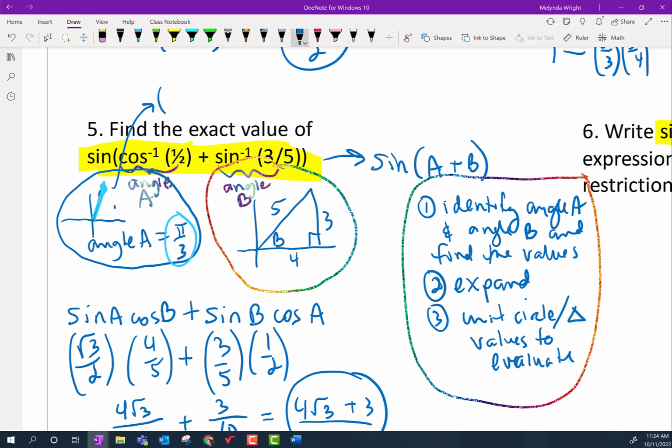This would be 1/2, root 3 over 2. Those would be our unit circle values. And that would be my x, and that would be my y. Right, the x is smaller and the y is bigger. So that means that sine of pi over 3 would be root 3 over 2 because it maps to the y. Is that okay?